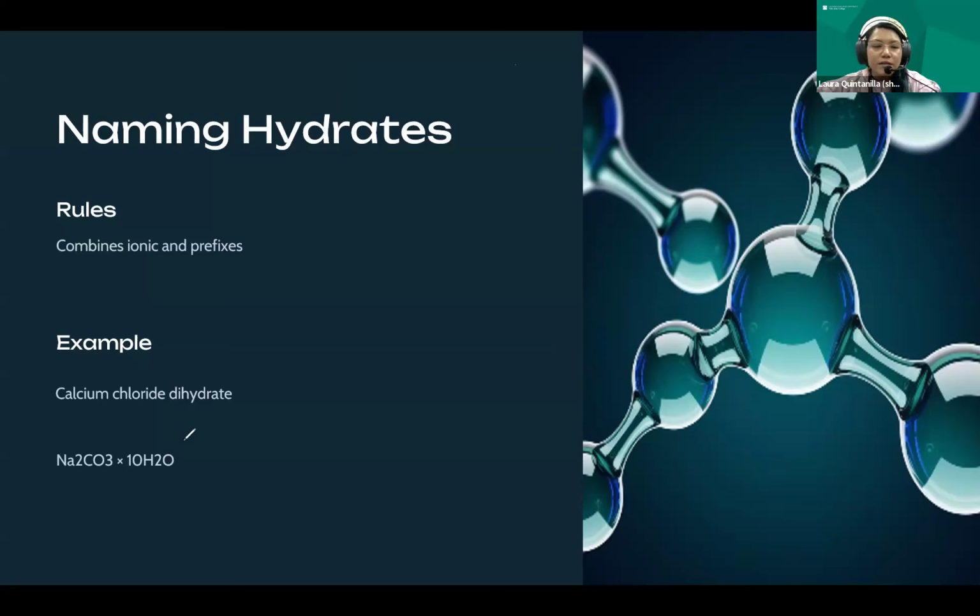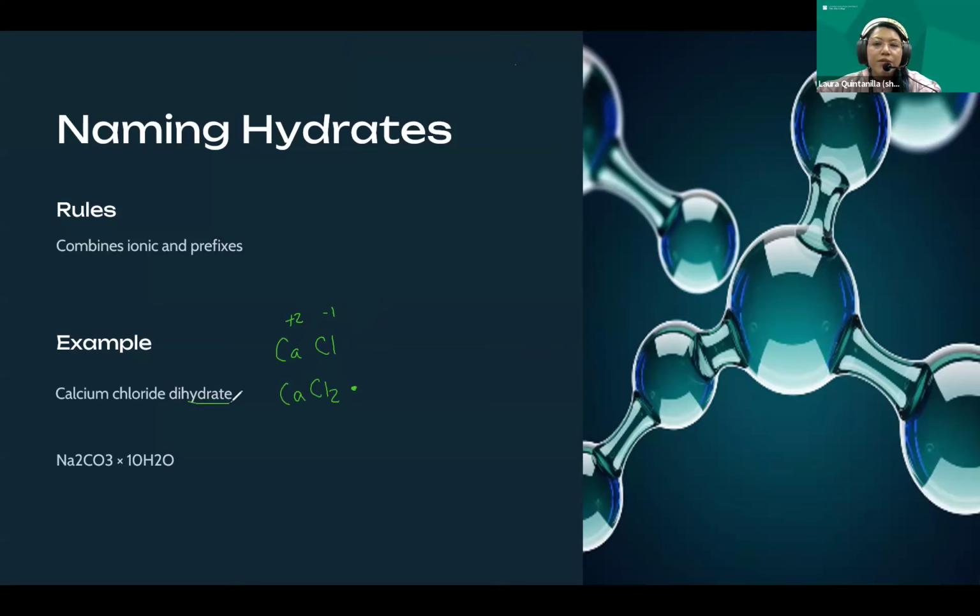So calcium is Ca, chloride is Cl, and then we do have to check charges. So calcium's a +2, chlorine's a -1. Those are not equal and opposite, so we have to crisscross. So it will be CaCl2.